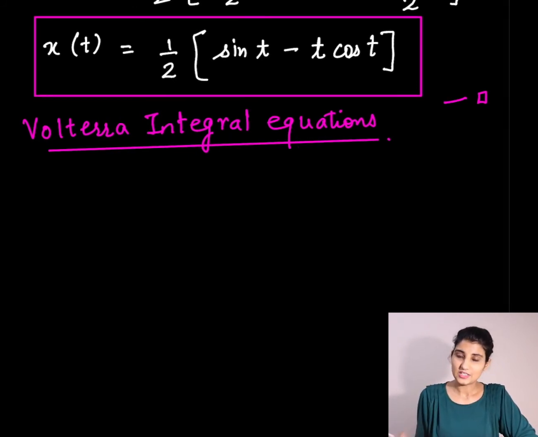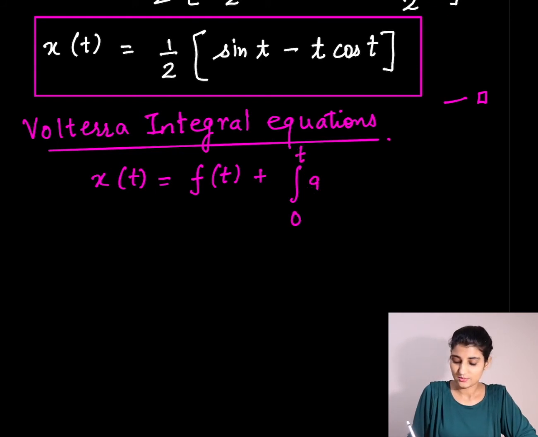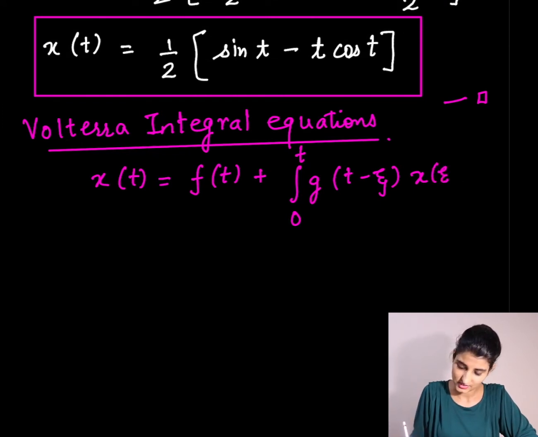And a Volterra equation looks like x(t) equal to f(t) plus the integral from 0 to t of g(t minus xi) times x(xi) d xi.